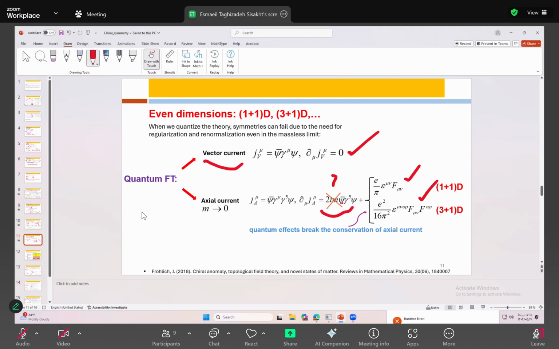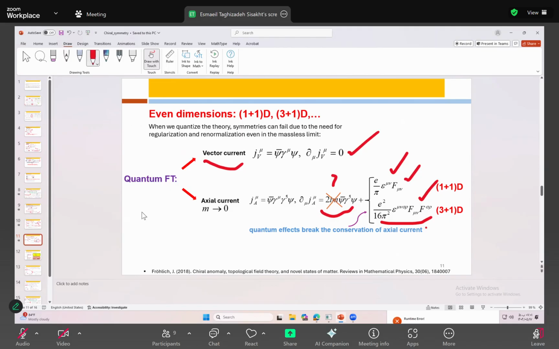But if we think about the massless limit and the quantization procedure, then it is shown that extra terms will appear. For example, in 1+1 dimension, due to the gauge field, this term appears, and in 3+1 dimension, this interaction term appears. So these two terms act like a source of the current.